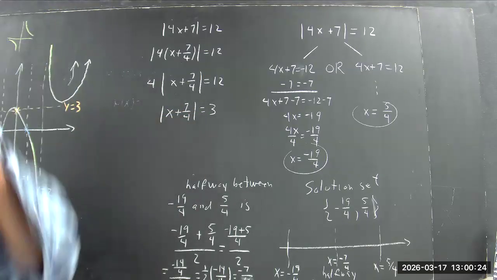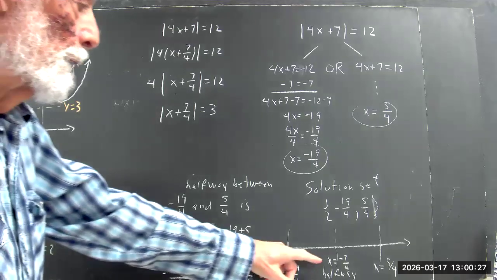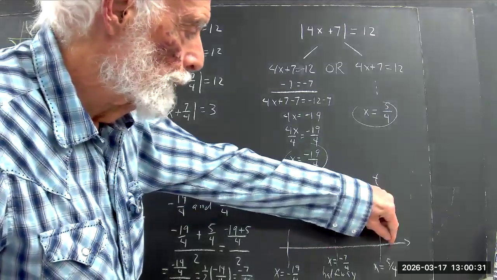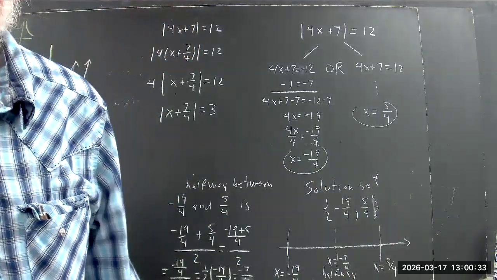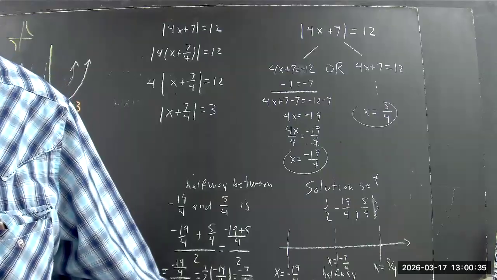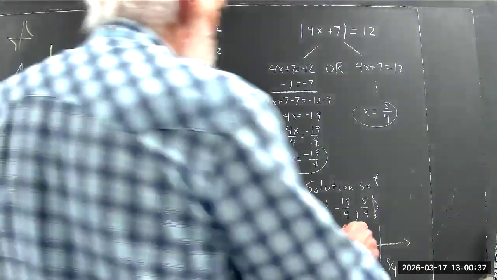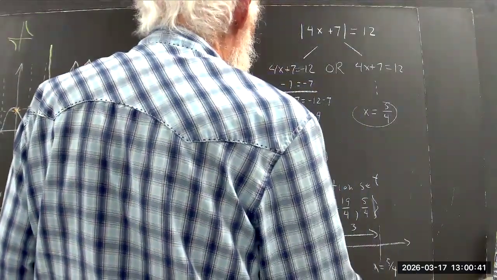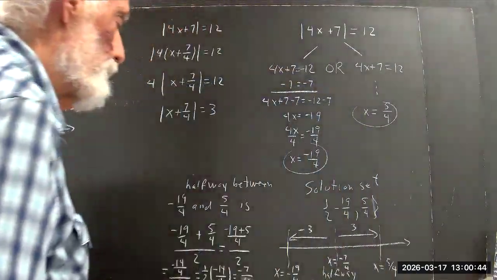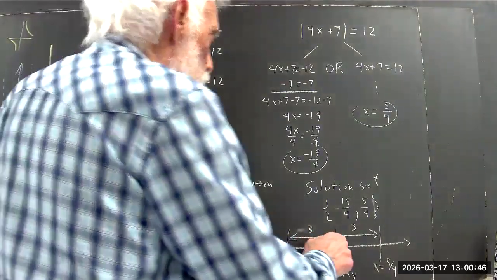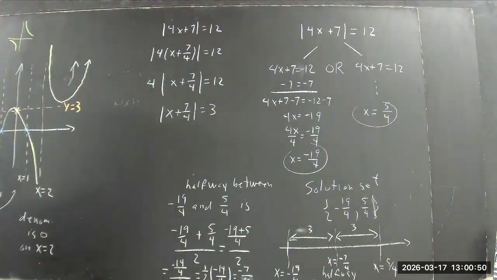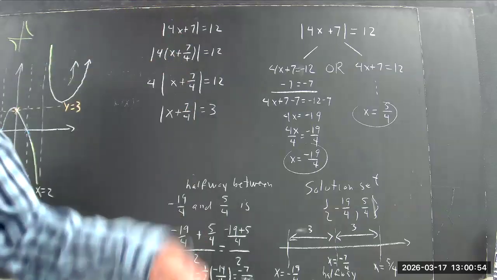Well, there's x equals negative 7/4. How far is it from negative 7/4 to 5/4? Well, you subtract negative 7/4 from 5/4, you get 12/4, which is 3. So another way to solve this would be to factor out whatever's in front of x.